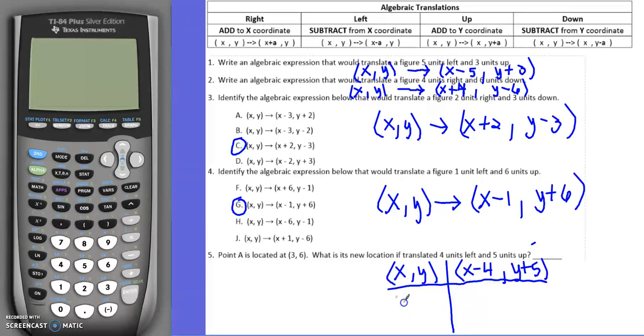The ordered pair is 3, 6. All right, 3 minus 4 and 6 plus 5. 3 minus 4 is negative 1, and 6 plus 5 is 11. The new ordered pair is negative 1, 11.